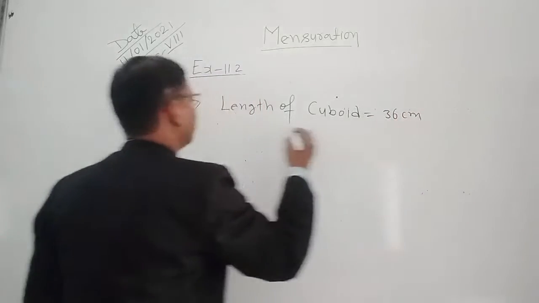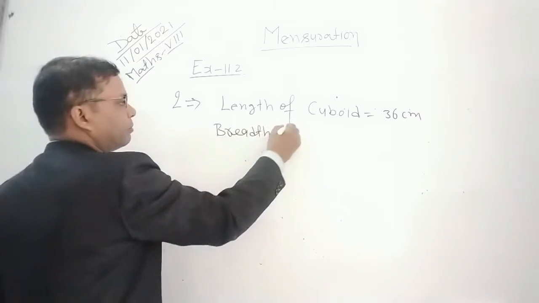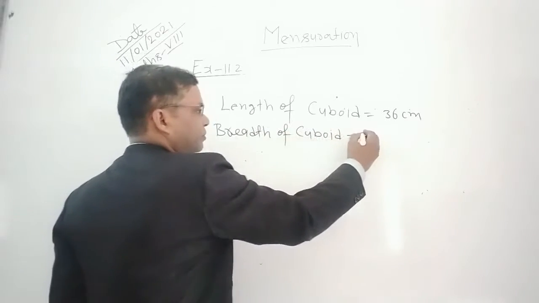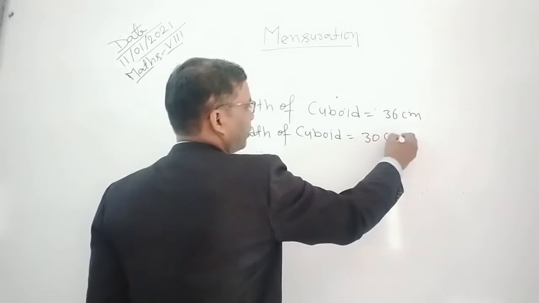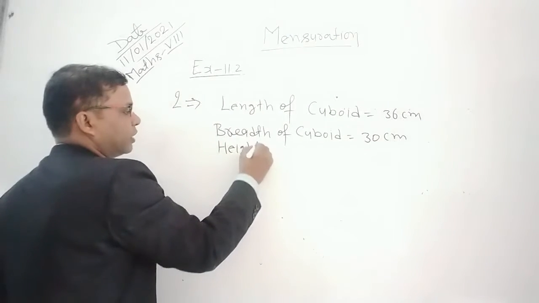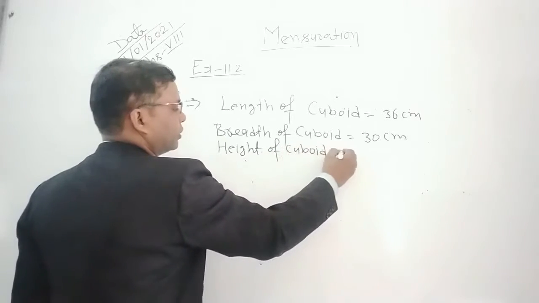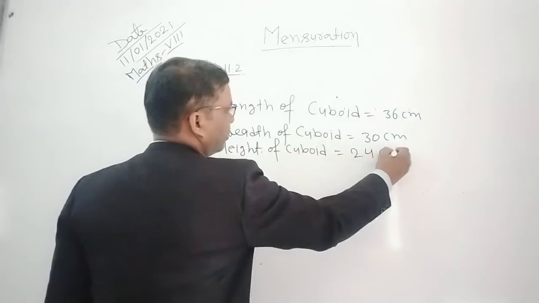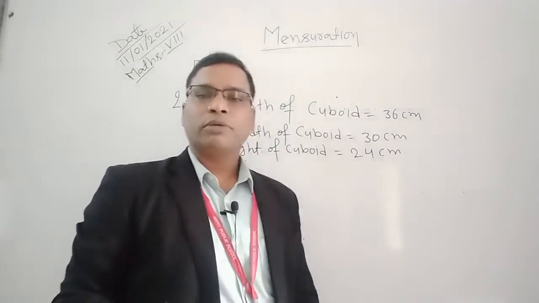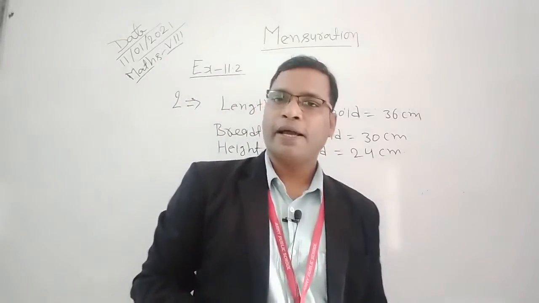Breadth of the cuboid is also given here. The height is given 24 centimeter. Clear? So volume of cuboid is equal to what? Volume of cuboid is equal to length into breadth into height.